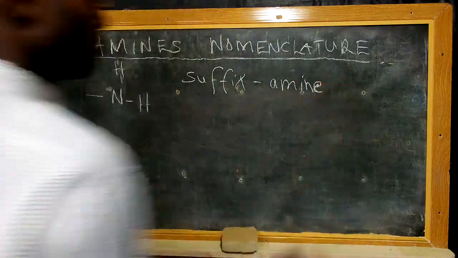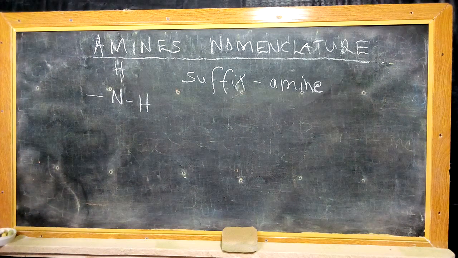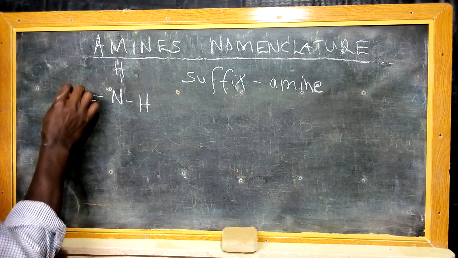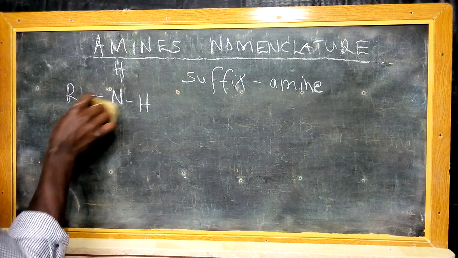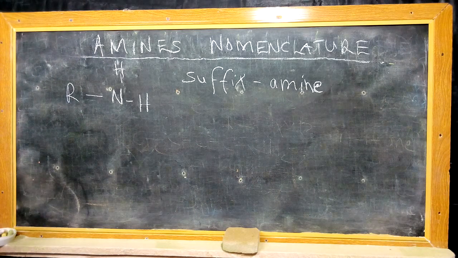This is the ending of these amines. And we treat alkyl groups attached to the nitrogen as substituents. There are other groups that will be attached to the nitrogen, so we shall treat them as substituents, but we shall look at some of the other rules that apply apart from this.